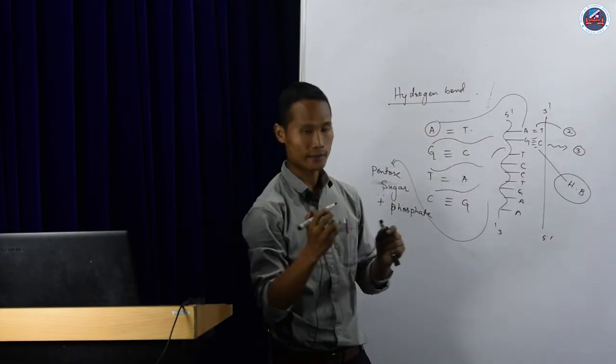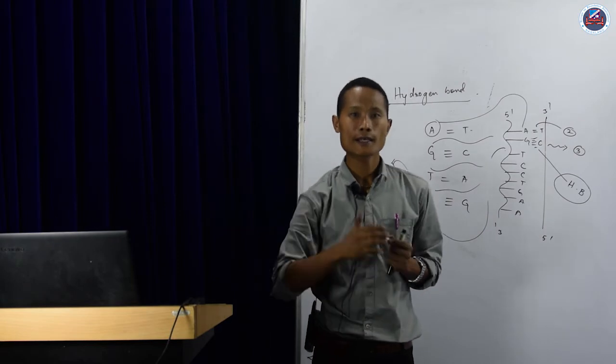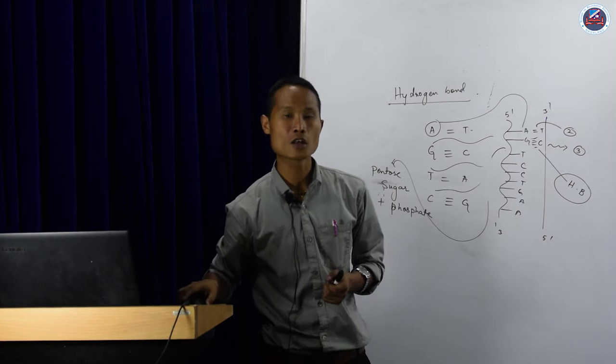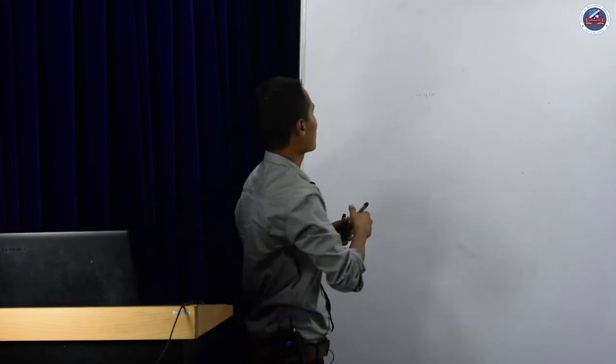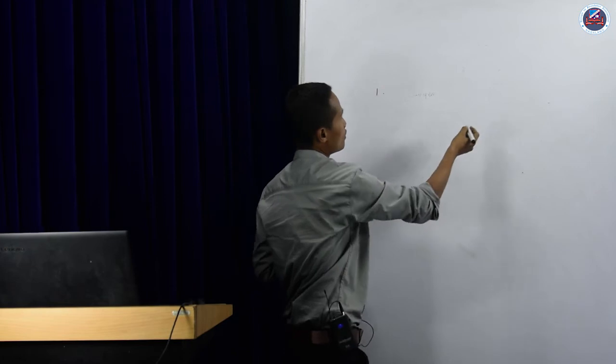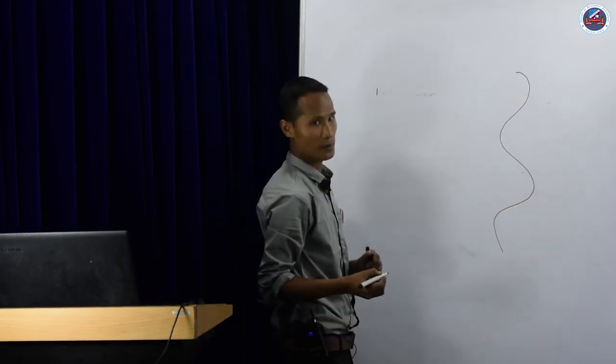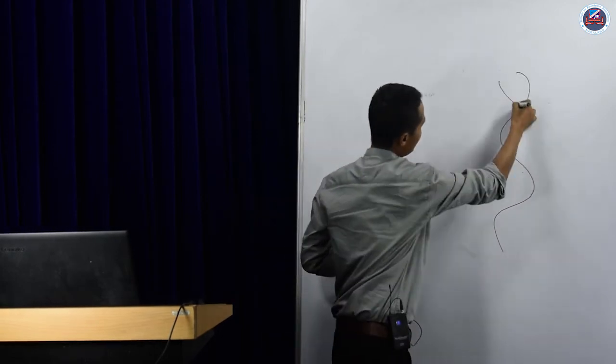Based on that, Watson and Crick explained and gave the postulates. Let's see the postulates of the Watson and Crick model of DNA. The first point they said was that this is one strand and there will be another strand.